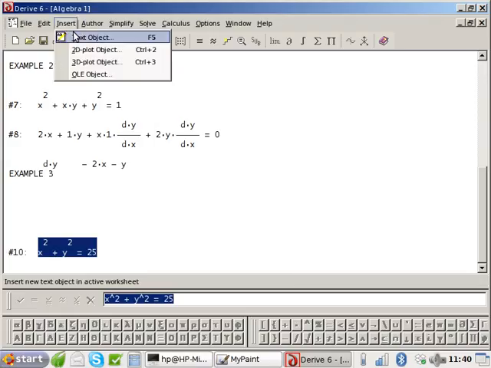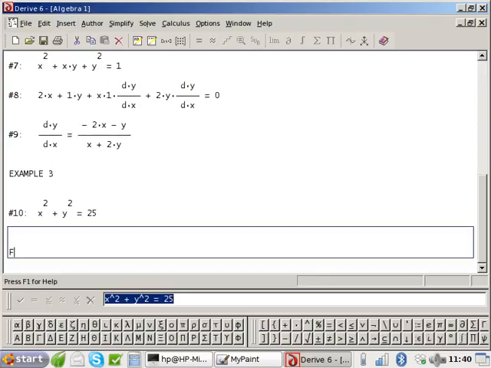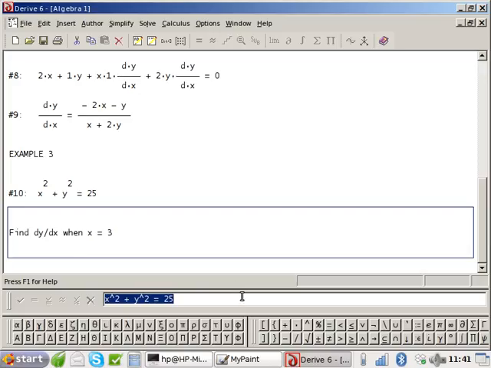So my question is, find dy dx when x equals 3. Okay, try this one for me.